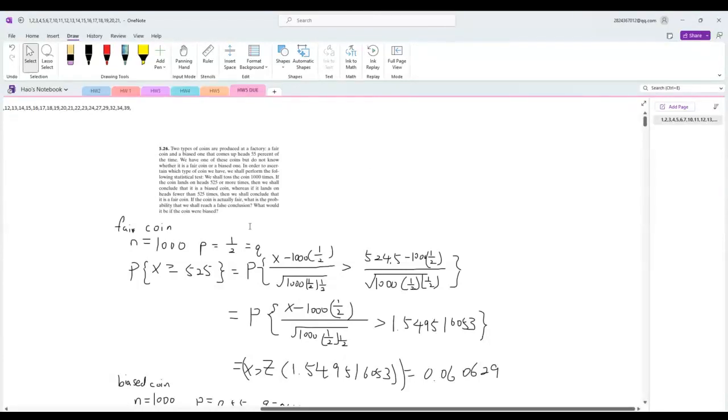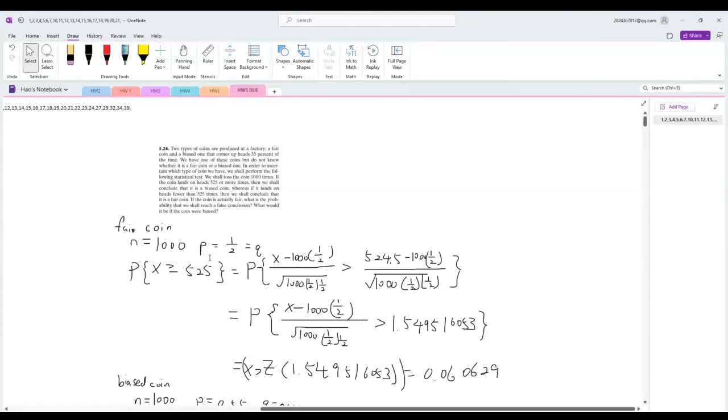For the fair coin, since we are tossing the coin 1,000 times, we get n equal to 1,000, and for a fair coin, heads and tails have the same chance.